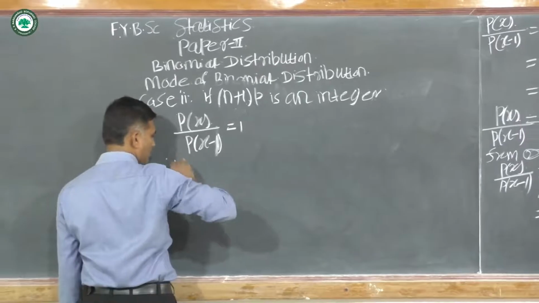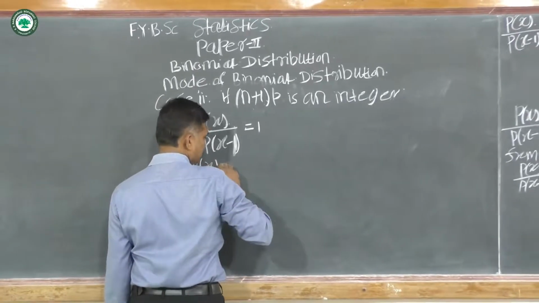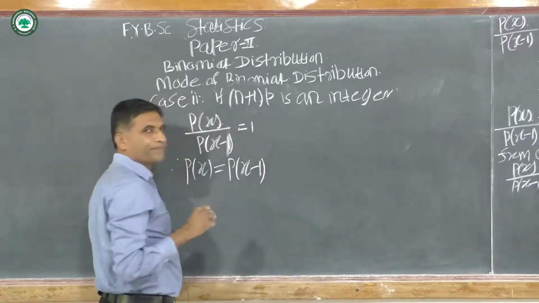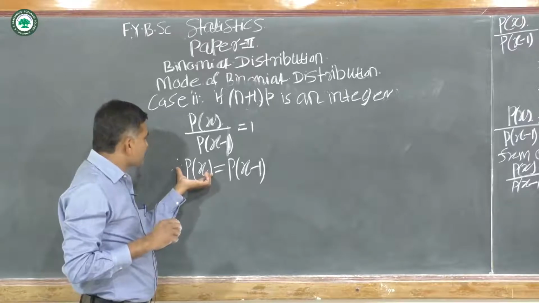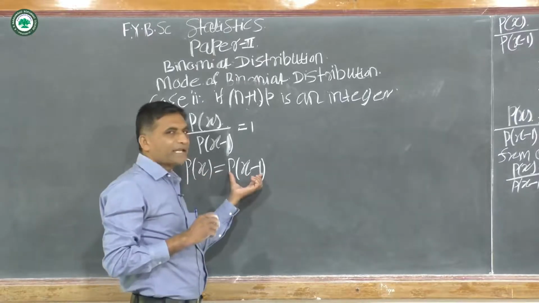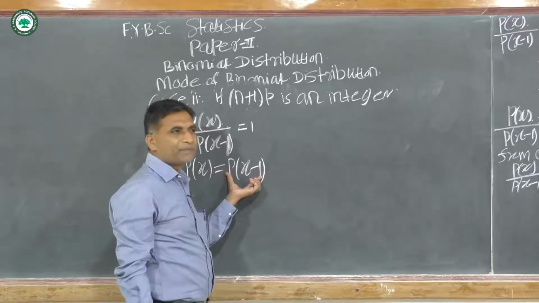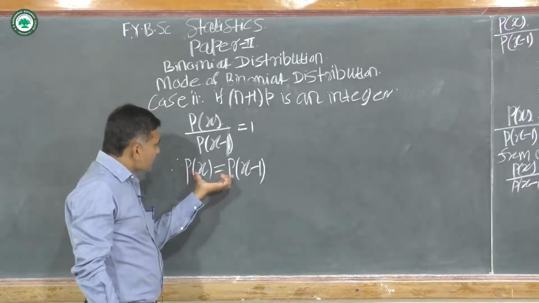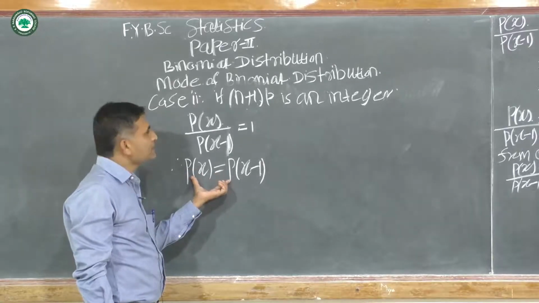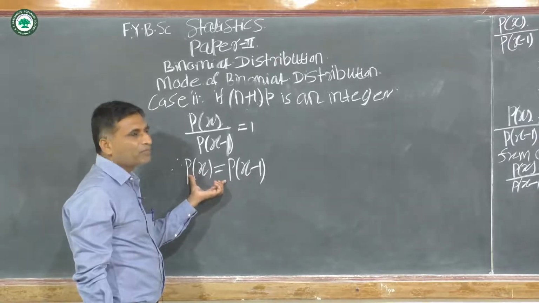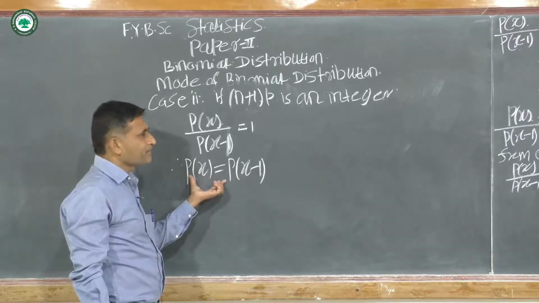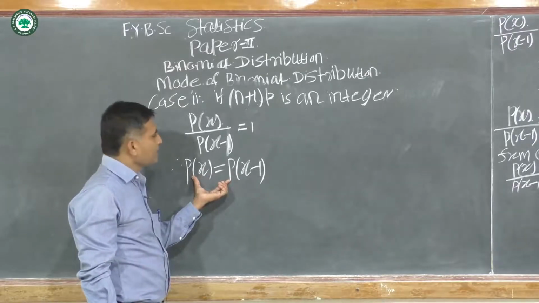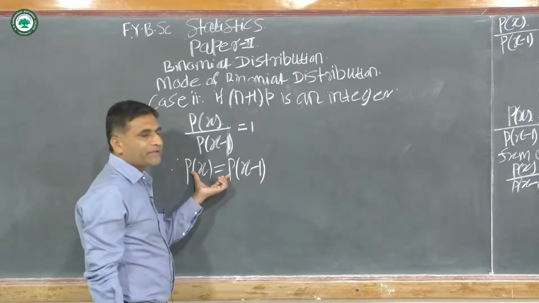Therefore probability of x is equal to probability of x minus 1. Now in this case both probabilities P of x and P of x minus 1 are maximum. Hence there are two modes for the binomial distribution. Hence the value of the mode is not unique. We have two modes, therefore it is called a bimodal distribution.